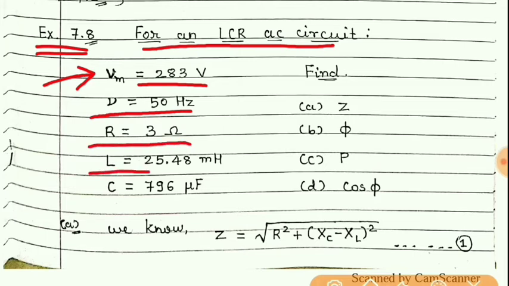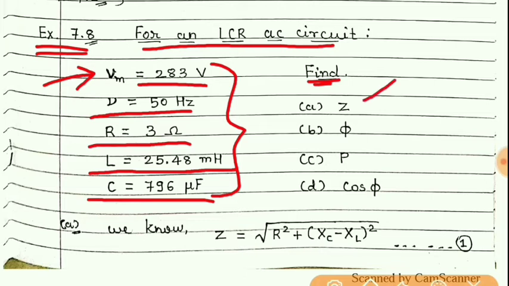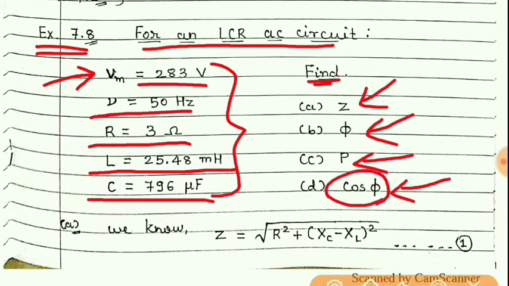Value of inductor is 25.48 millihenry, and value of capacitor is 796 microfarad. So these are the given values, and we want to find the impedance Z, the phase difference φ, the power in the circuit, and the power factor. This cos φ is the power factor.